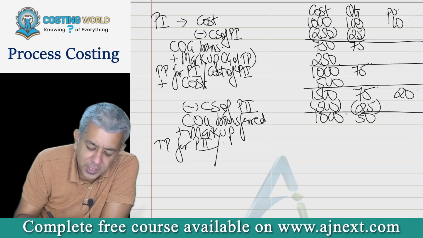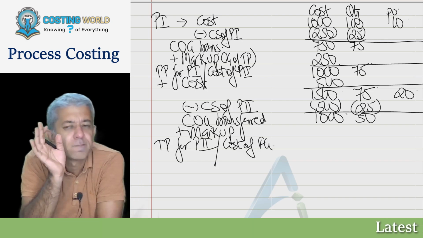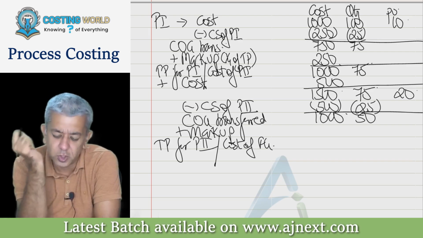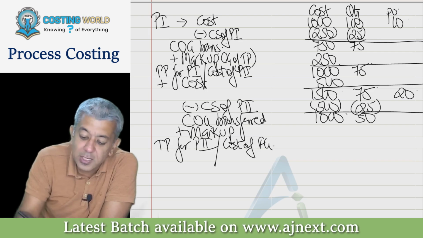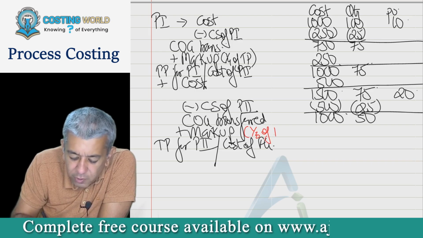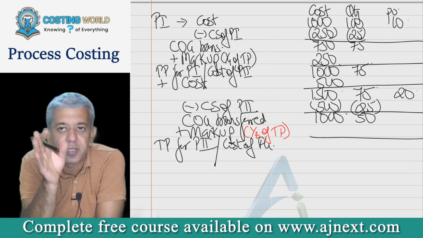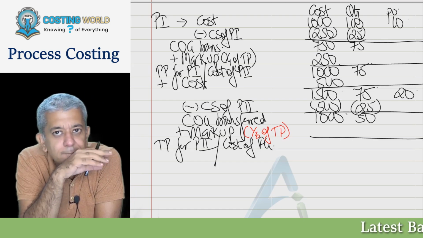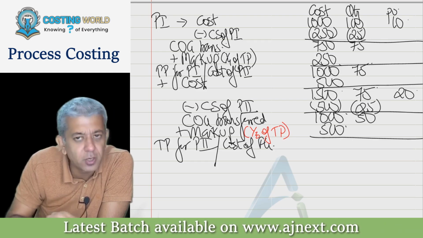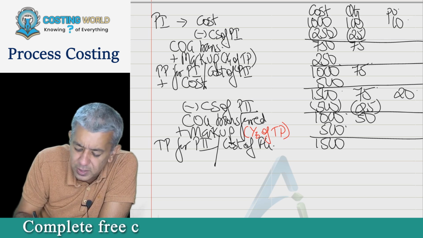But transfer price for P2 will be nothing but cost of finished goods department, no? Yes. From P1, goods go to P2. From P2, they go to finished goods. Now, the transfer price that was agreed over here was 1/3 of transfer price. Tell me one thing, 1/3 of transfer price will also be half of cost. So therefore, half of cost will be 500 over here. So therefore, this particular figure will be nothing but 1500.